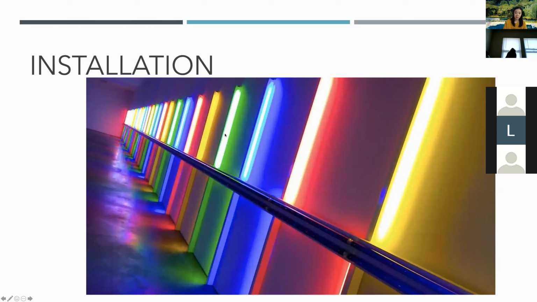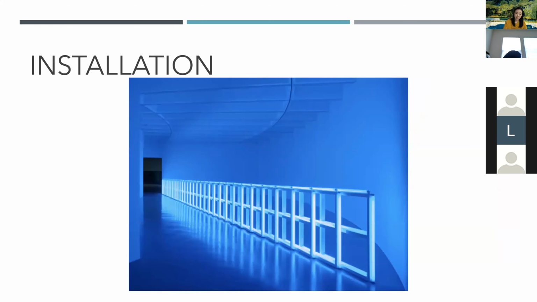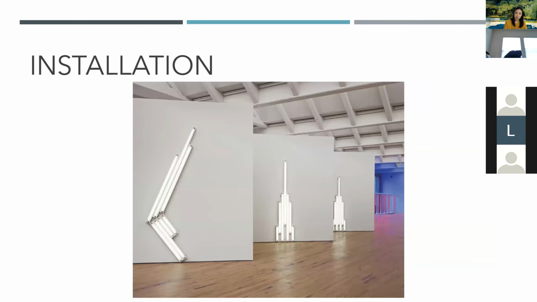So minimalist sculptures were shown carefully positioned like this in the architectural spaces of a museum or a gallery. So artists created installations and spaces conceived of as works of art or views to enter and experience.